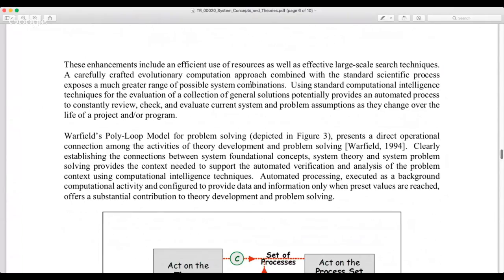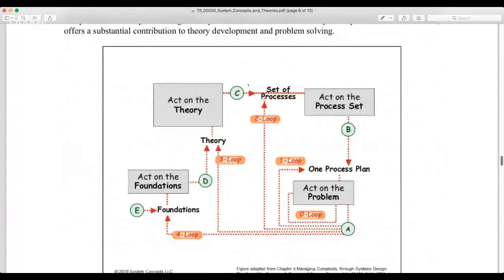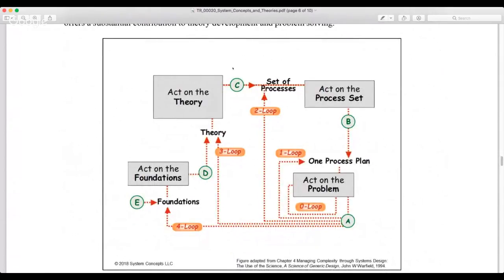So this is Warfield's polyloop model. And the polyloop model is a fairly straightforward statement of mostly how things go. You either act on a problem or you act on the process set that creates the problem, or you act on the theory, right? Or you act on the foundations to the theory.